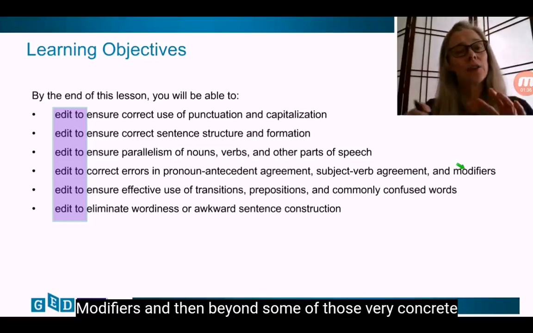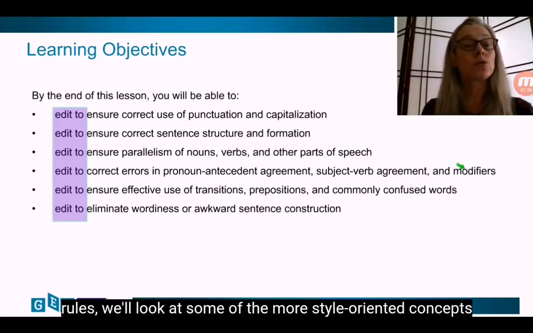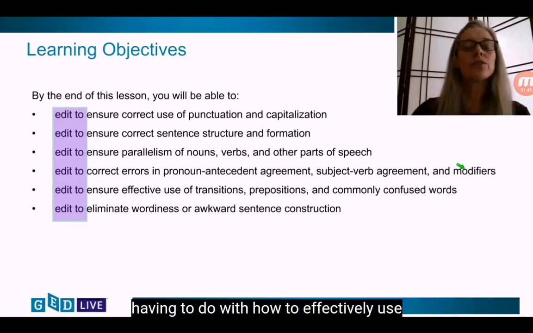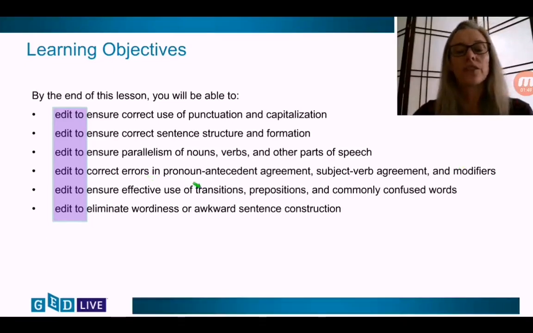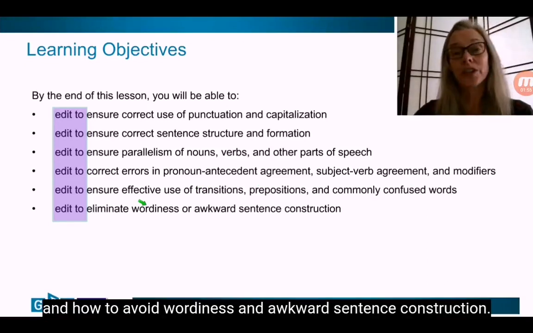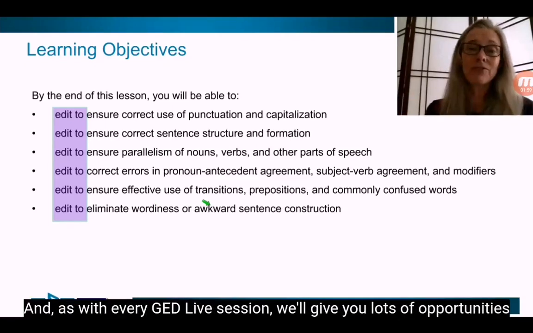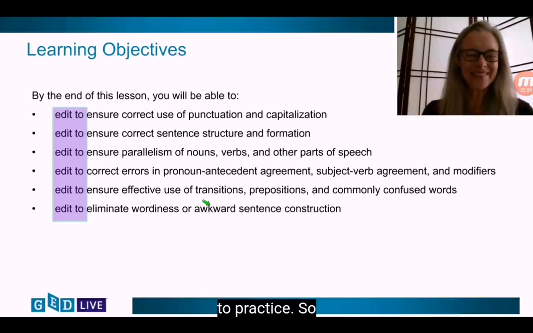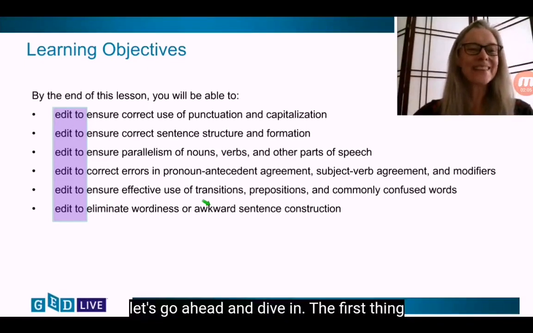And then beyond some of those very concrete rules, we'll look at some of the more style-oriented concepts having to do with how to effectively use transitions, prepositions, and some commonly confused words, and how to avoid wordiness and awkward sentence construction. And as with every GED Live session, we'll give you lots of opportunities to practice. So let's go ahead and dive in.